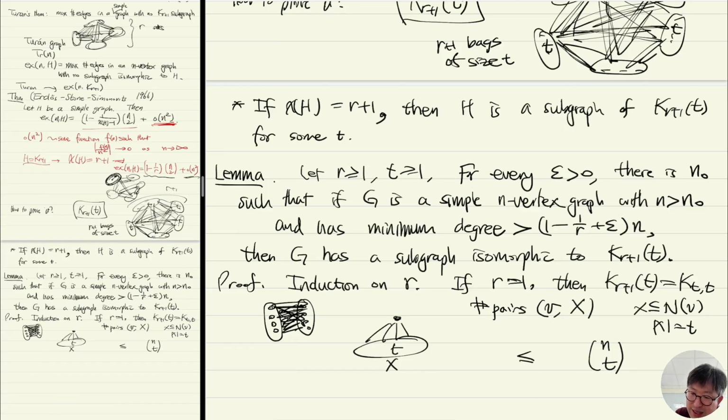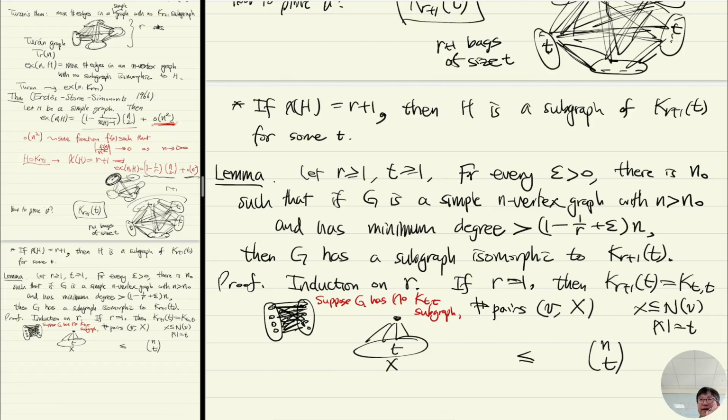Okay, so I should say in the beginning, suppose G has no K_{t,t} subgraph. So no t vertices have t common neighbors.